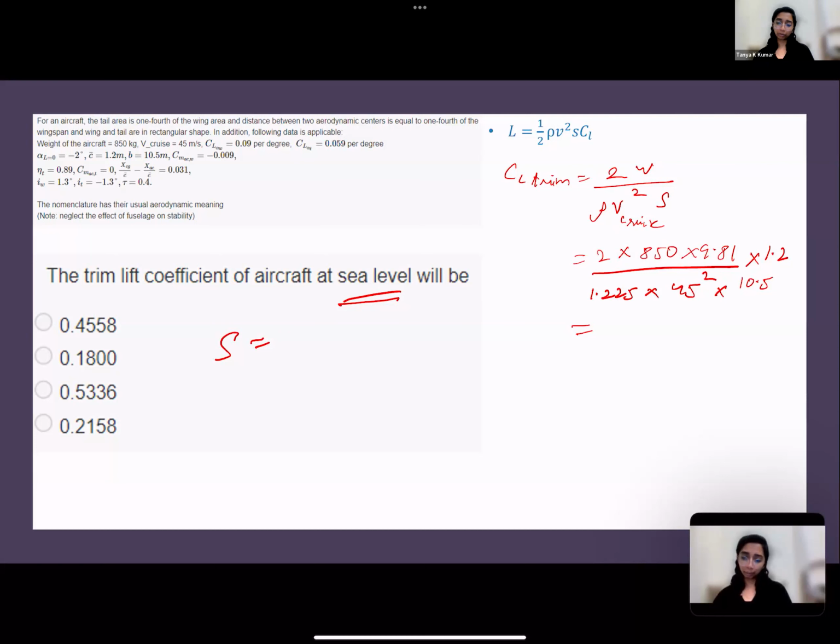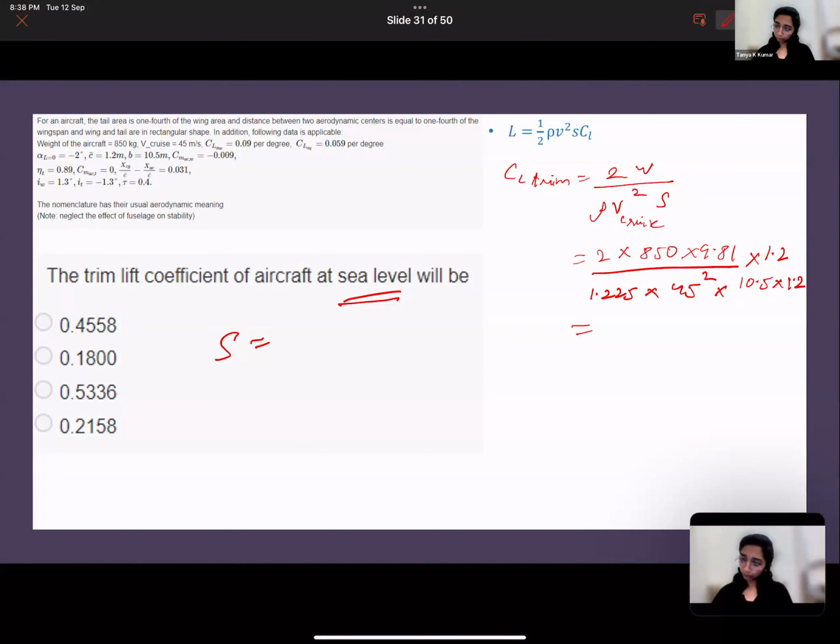Why is it 10.5 by 1.2? Why is it B by C? B square by S is the aspect ratio, right? What is S? Yes, so that is the mistake. It's into 1.2. Now tell me the answer.